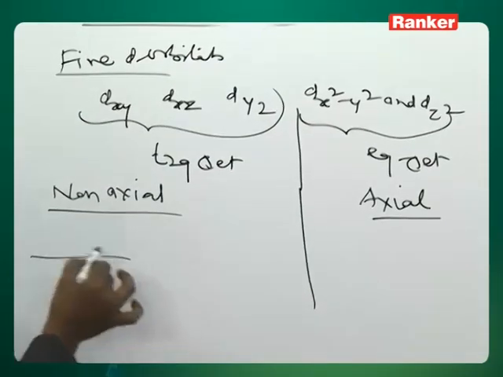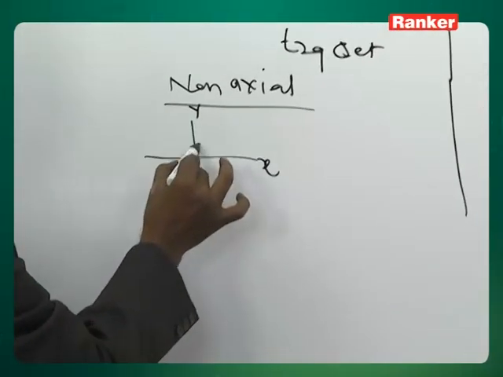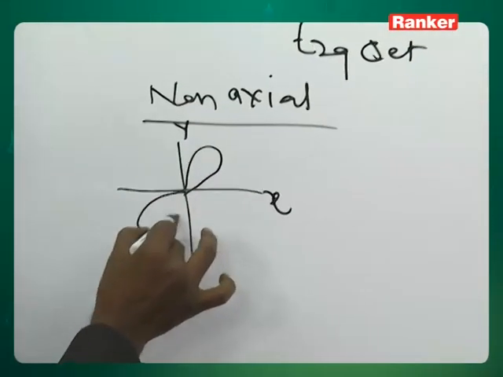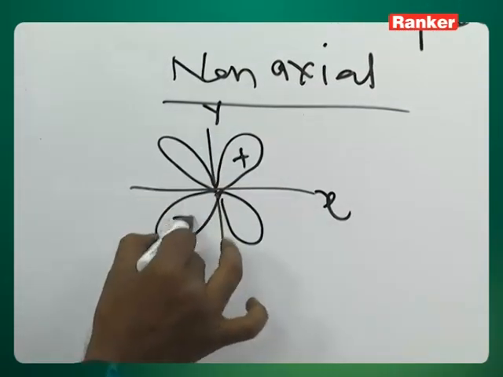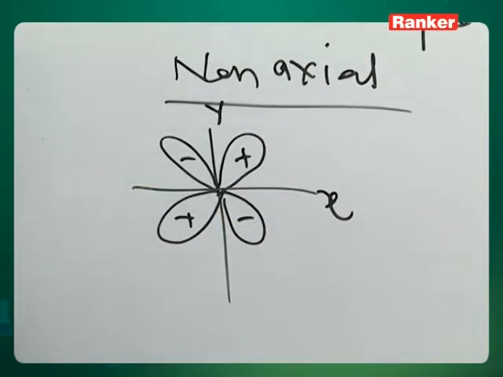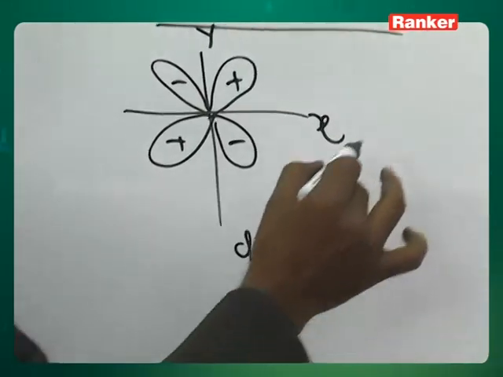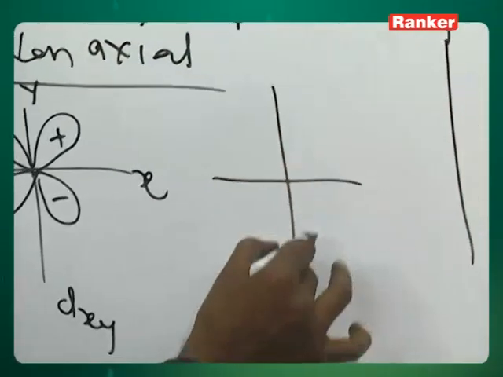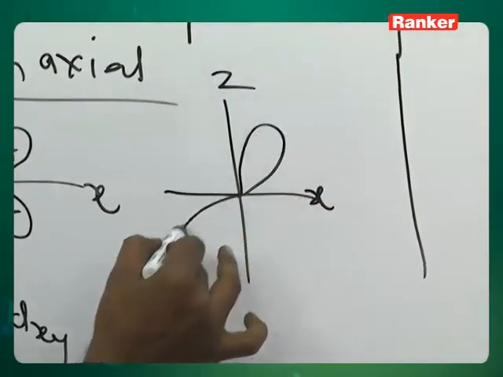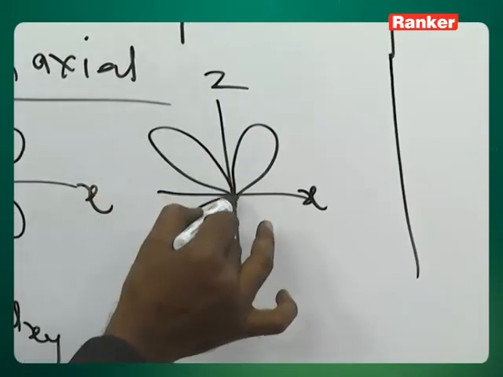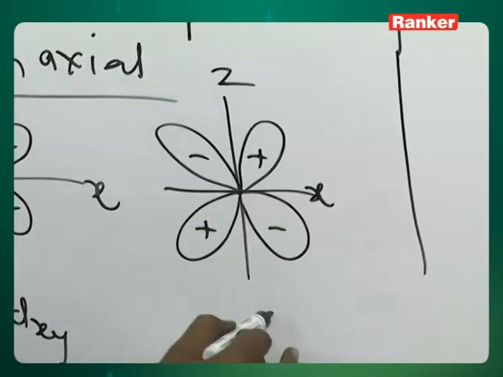Once you talk about dxy, it is oriented in between x and y, plus plus and minus minus. This is the dxy orbital. And dxz, you take, is oriented in between x and z, plus plus and again minus minus.